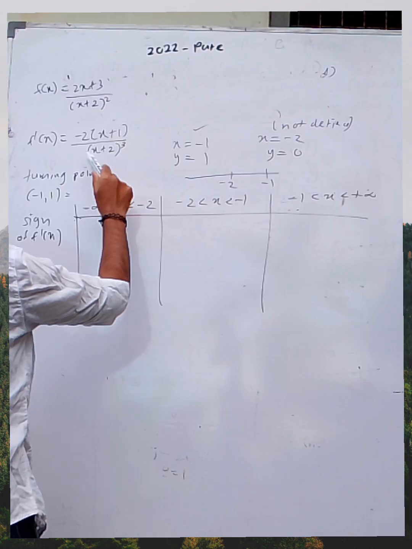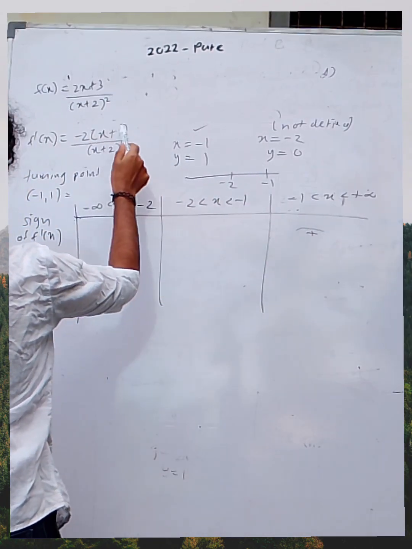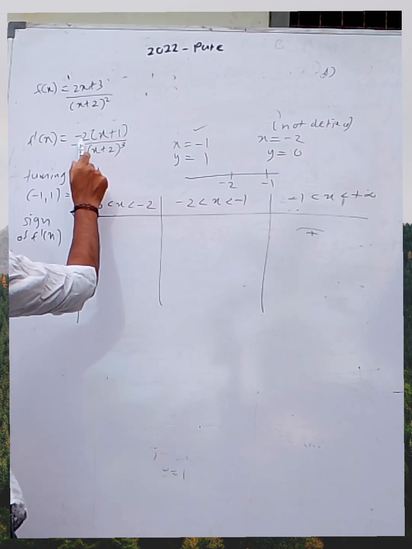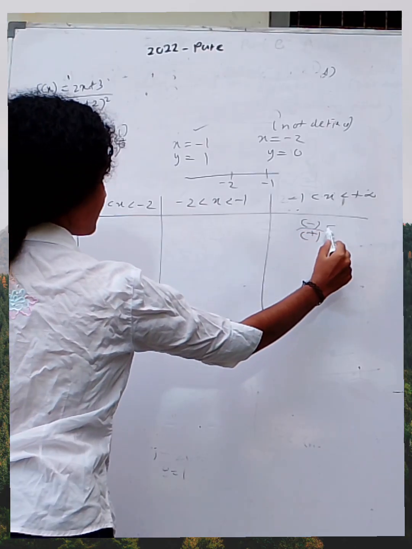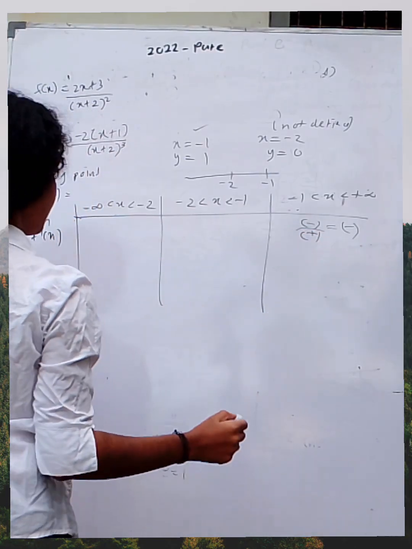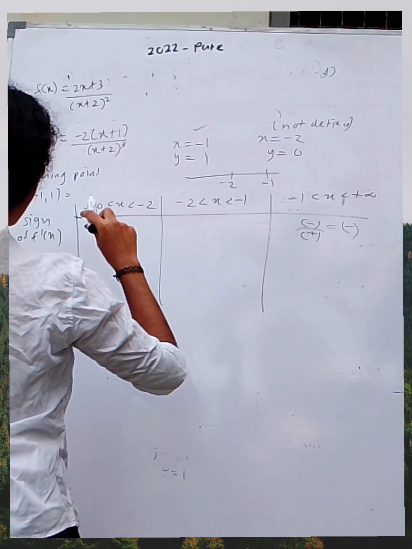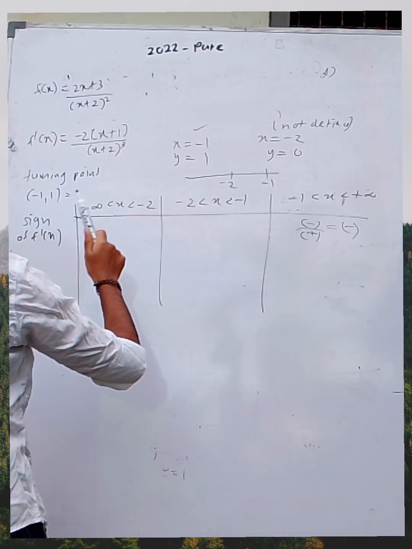5 plus 2 is something positive at the denominator, and then I substitute 5 in the numerator as well. It's something positive, but when multiplied by -2, it's something negative. So you get a negative divided by a positive, that is a negative, right? That's a negative. Now you can proceed the same way for the other ranges as well.